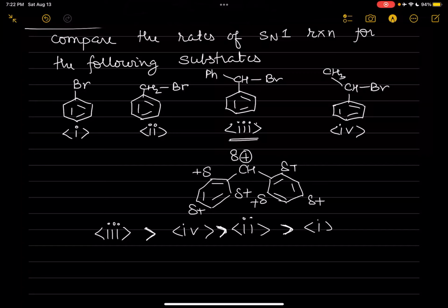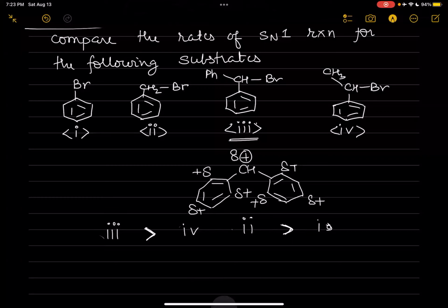Why? It will not undergo SN1 reaction. What is the reason? It will not form a stable carbocation. Yeah, and any other reason?